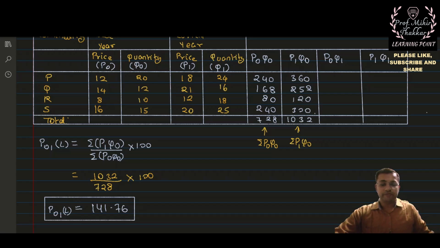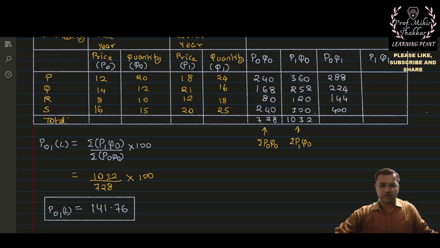So when you multiply P0 and Q1, it is 12 into 24, that is going to give you 288. 14 into 16, that will give you 224. 8 into 18, that will give you 144. 16 into 25, that will give you 400. We will add this later on.